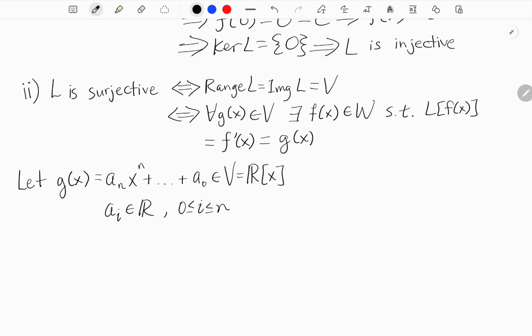The a_i's are just the coefficients, a_0 all the way to a_n.